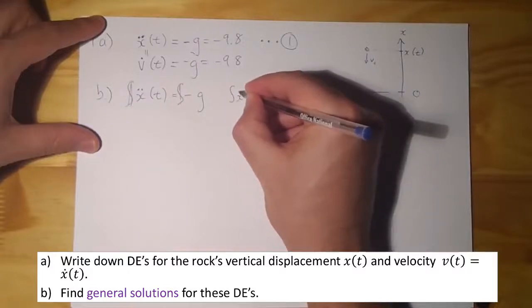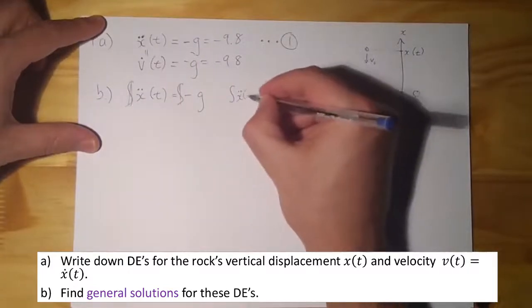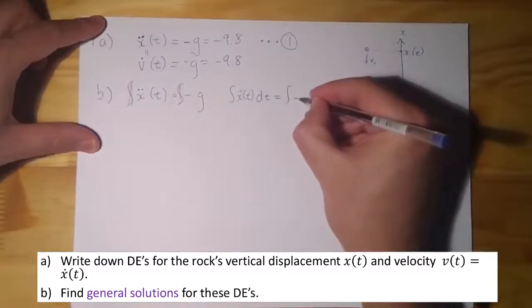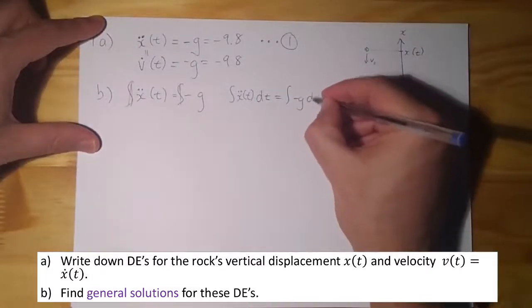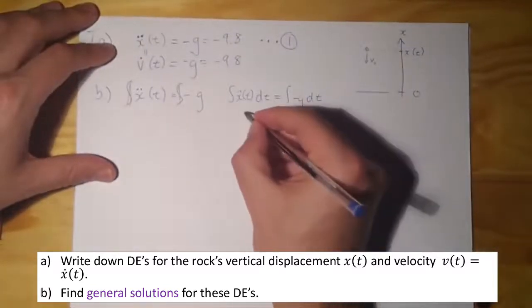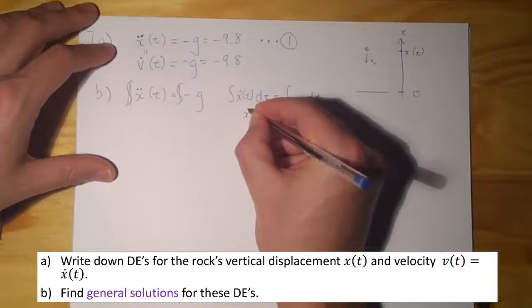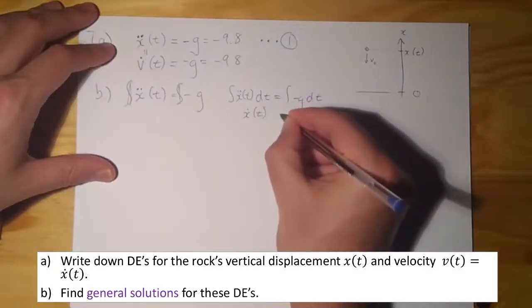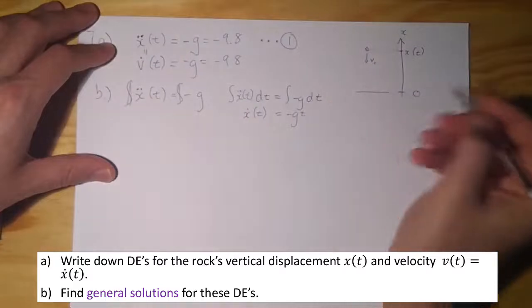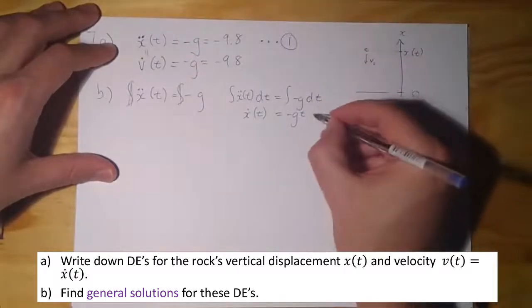So the integral of x double prime of t dt is equal to the integral of minus g dt. So what that's going to give us is x prime of t on this side, and on this side just minus gt, if g is a constant, then plus c.